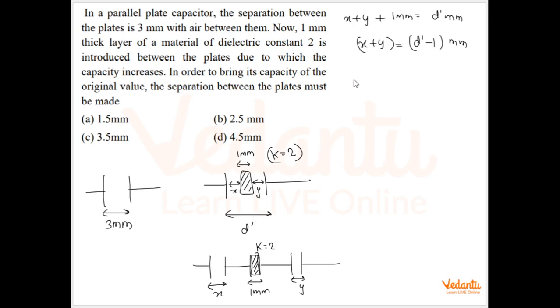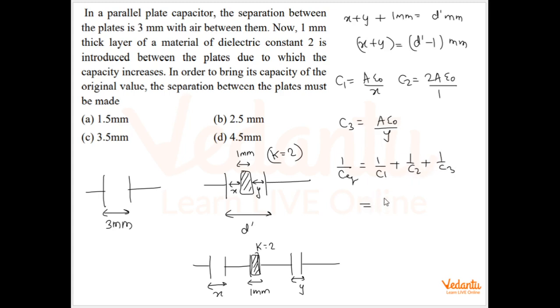So their capacitances will be C1 is equal to A epsilon naught by x, C2 is equal to 2A epsilon naught by 1, and C3 is equal to A epsilon naught by y. Now the equivalent capacitance will be equal to 1 by C1 plus 1 by C2 plus 1 by C3.